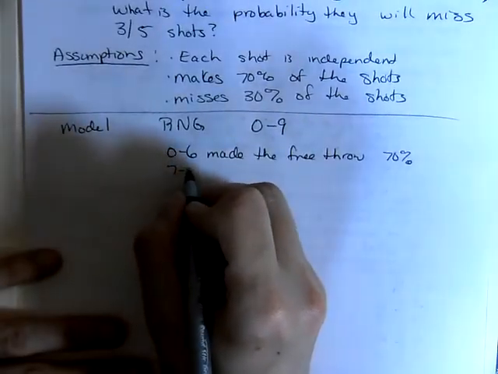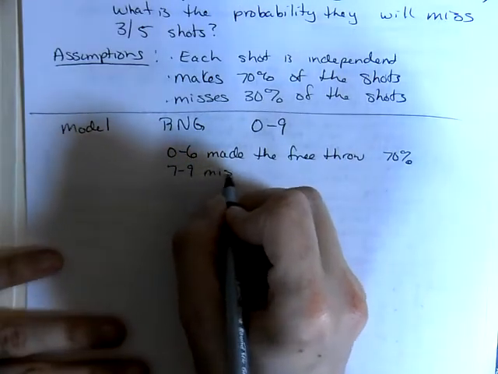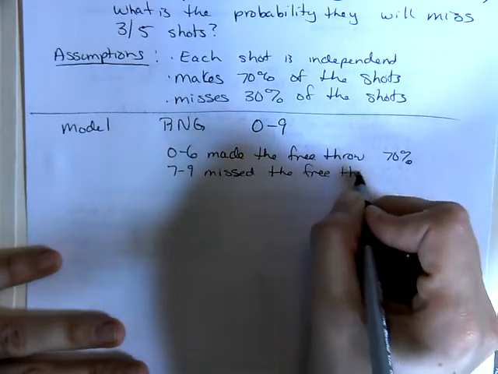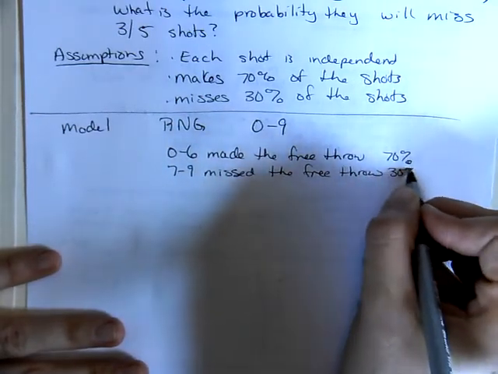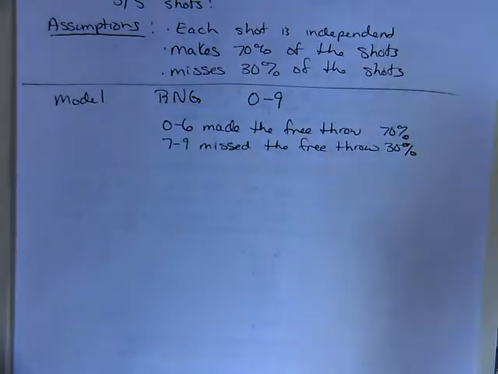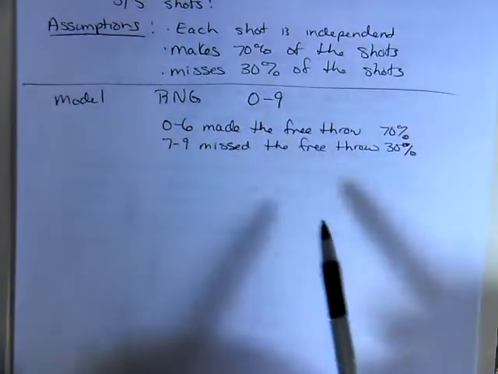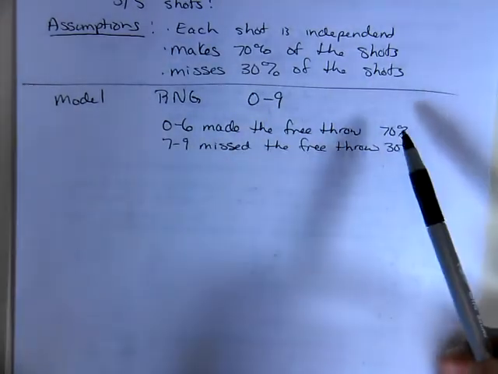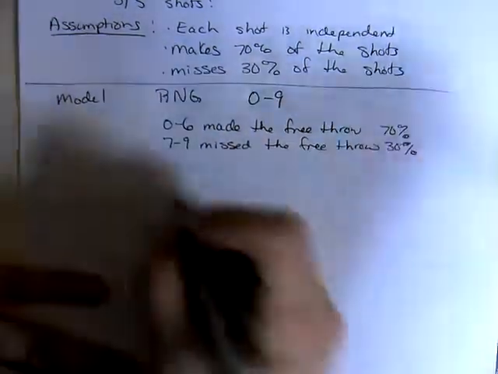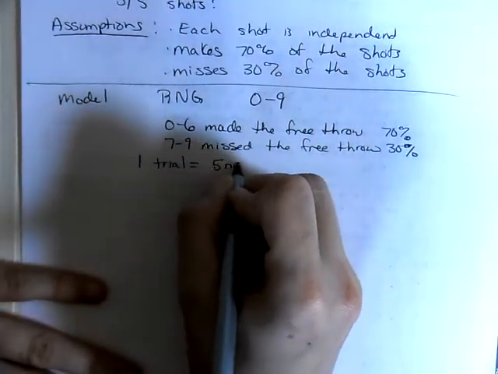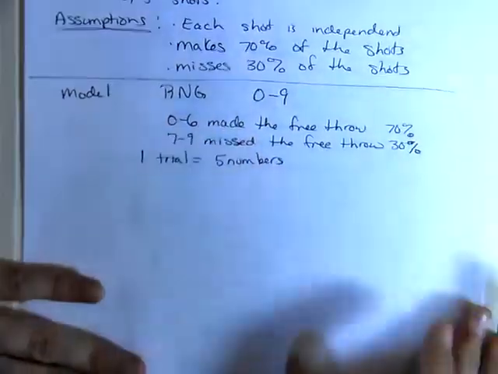If I get a 7, 8, or a 9, that means I missed the free throw. So there's my 30%. And the biggest takeaway from this section is really not doing the simulation, it's setting it up. Because you want to make sure that you are able to describe what 70 to 30% would be. So one trial here is going to equal 5 numbers because she takes 5 shots.